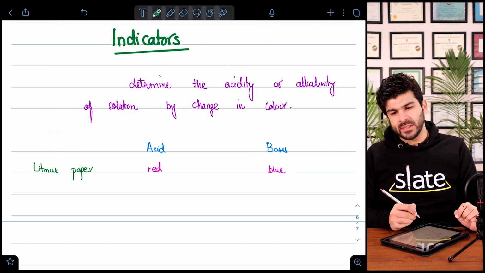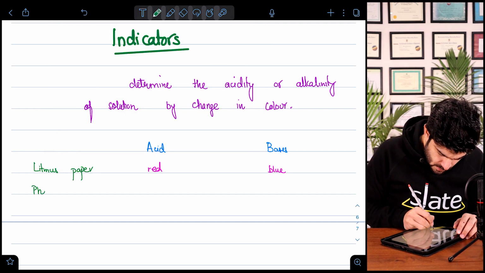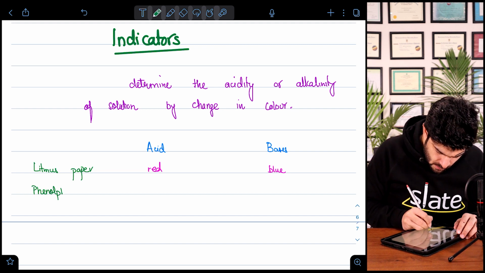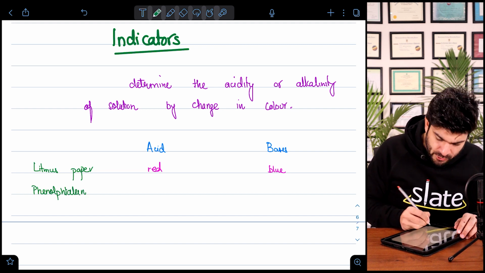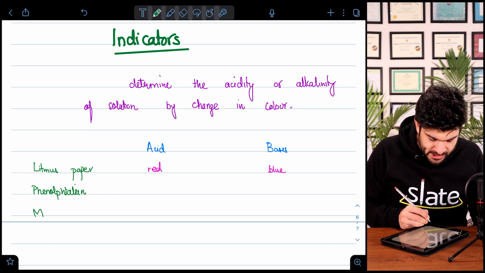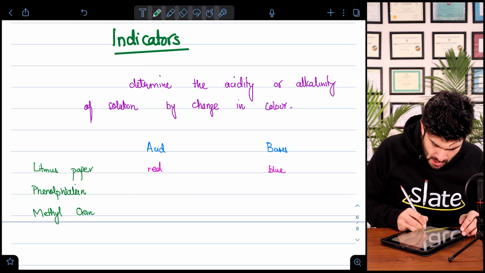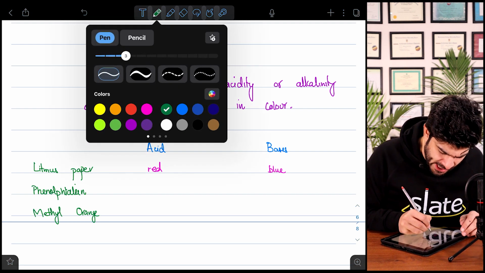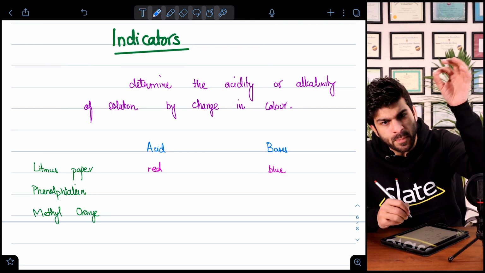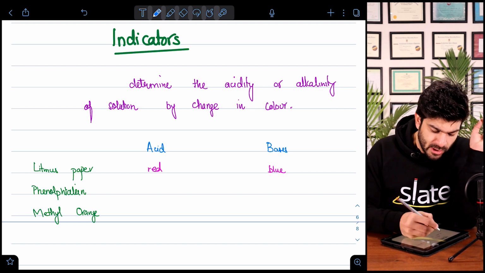Two other important ones are phenolphthalein and methyl orange. These two indicators, we just add drops in the solution and we find out about the colors.